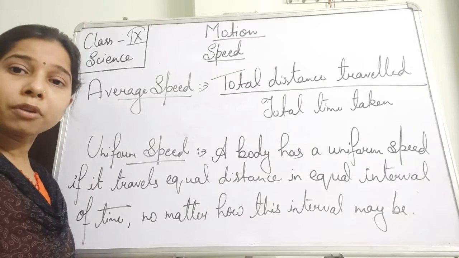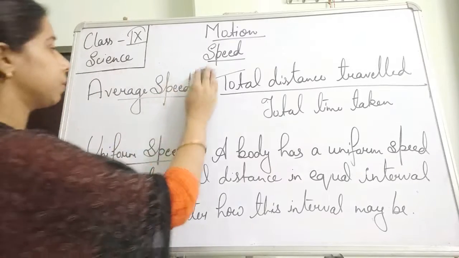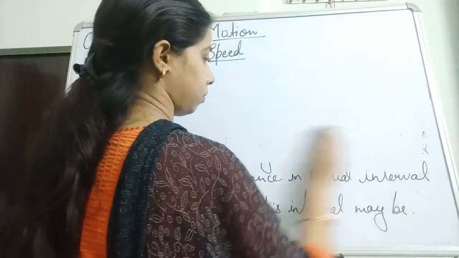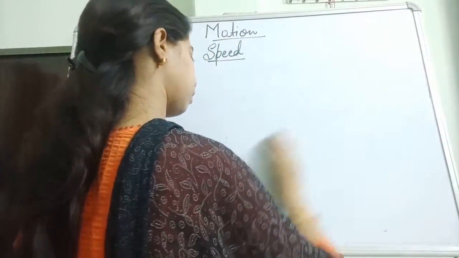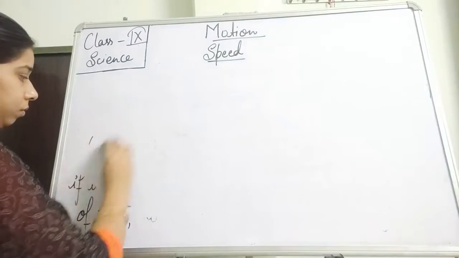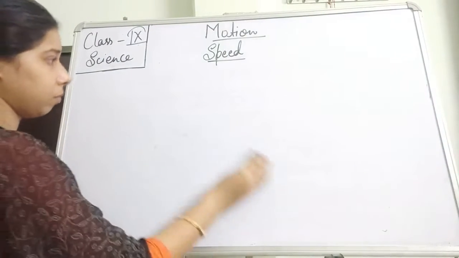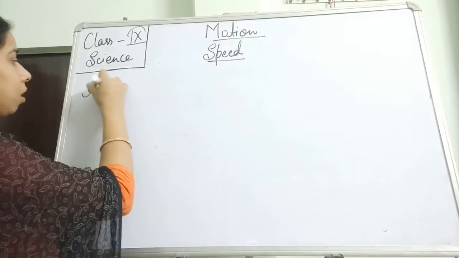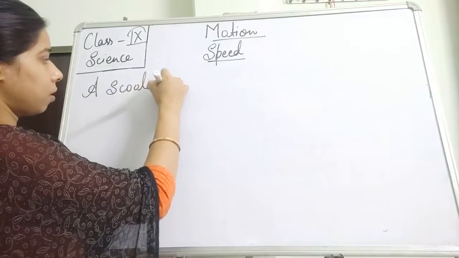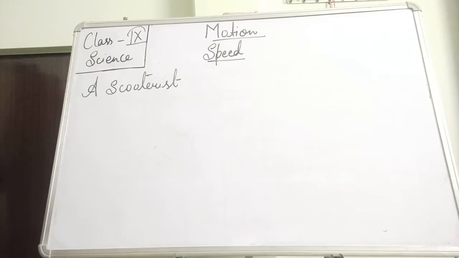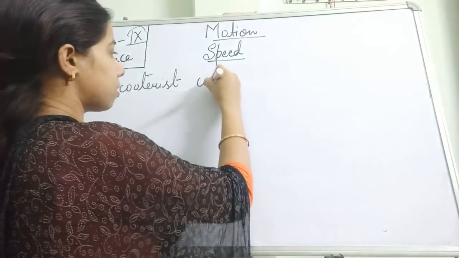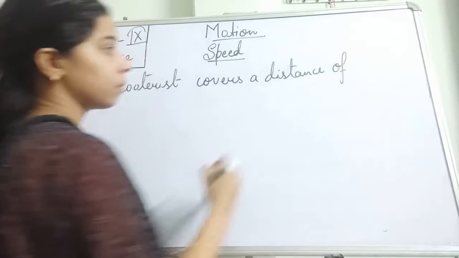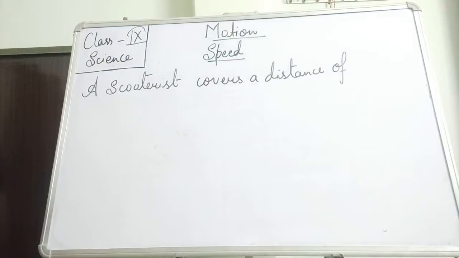Now let us see what kind of question can be asked related to speed. The question is: a scooterist, meaning the person who is driving a scooter, covers a distance of 3 km in 5 minutes.